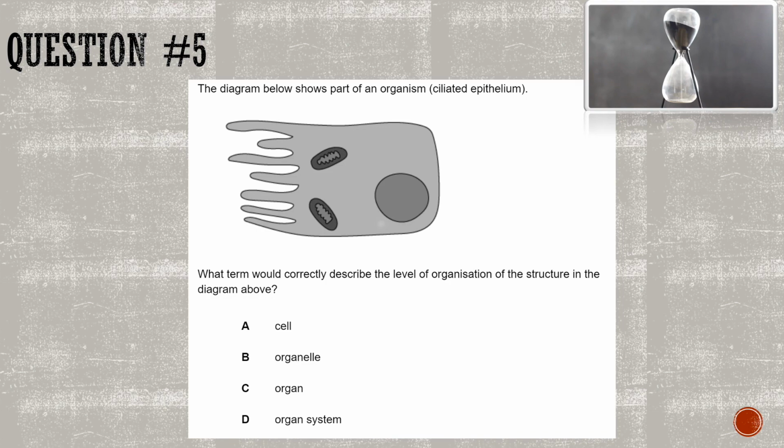Question 5. The diagram below shows part of an organism, ciliated epithelium. What term would correctly describe the level of organization of the structure in the diagram above?